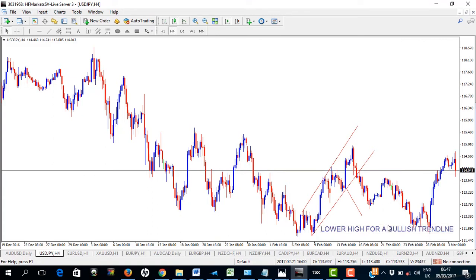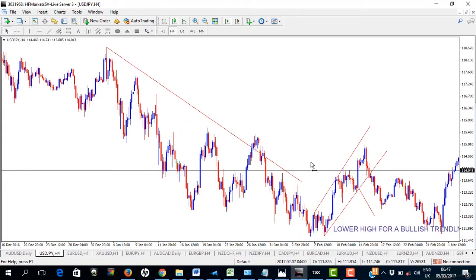Sorry, I mistook the wording. Now, for a bullish trend line, yes, this is a lower high. Price was making a lower high, then we construct our trend line. It touches 3 points. 1, 2, 3. Yes, 3 touches, so this is a valid trend line.